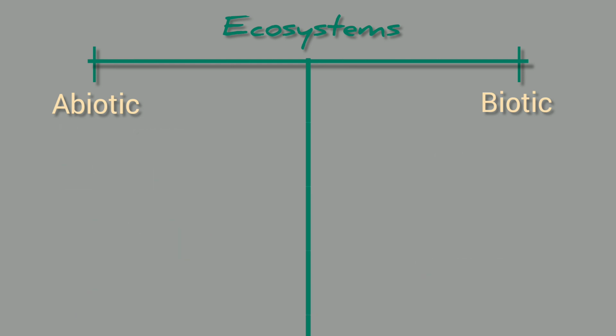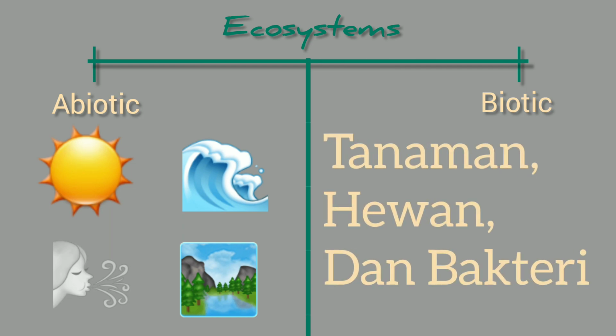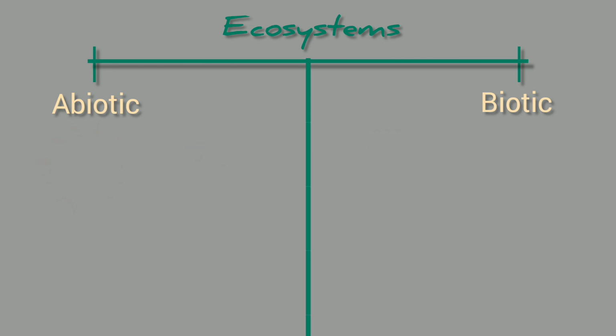Abiotic components include the sun, water, air, and soil. Biotic components include various plants, animals, and bacteria that act as producers, consumers, or decomposers. Now let's differentiate abiotic and biotic components in the ecosystem.